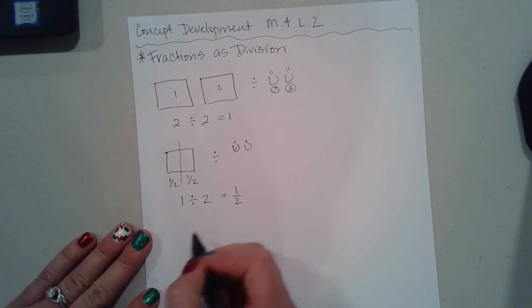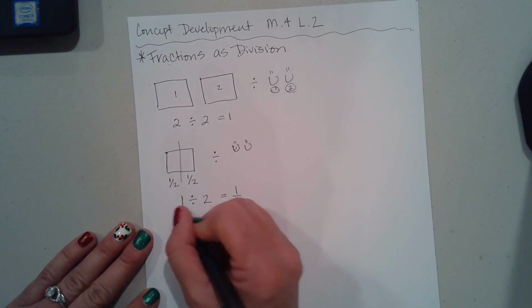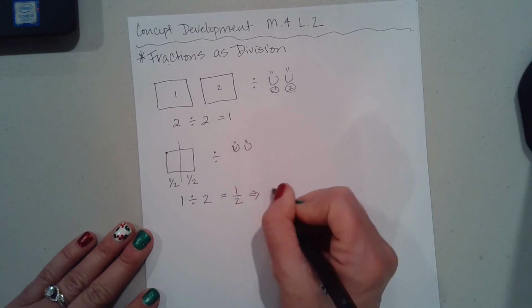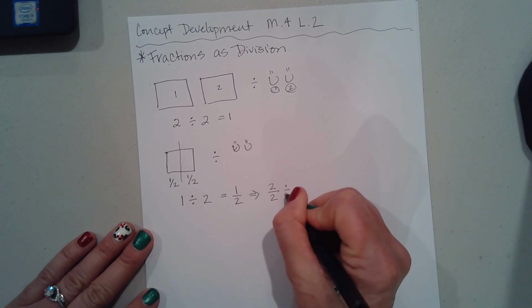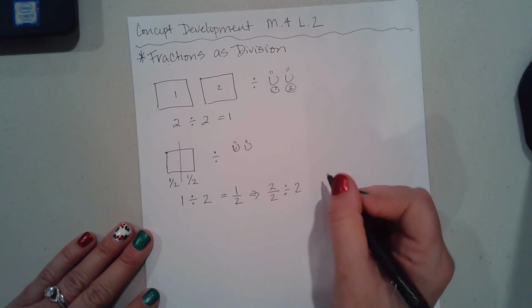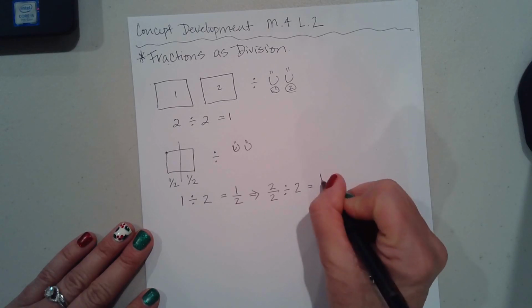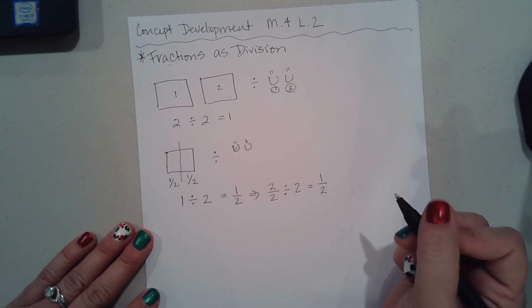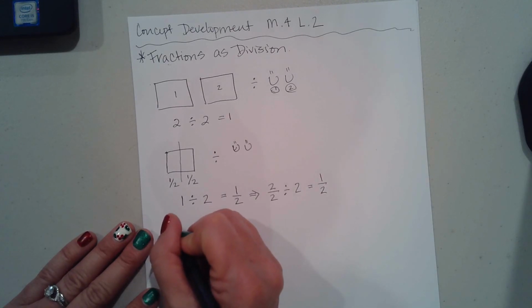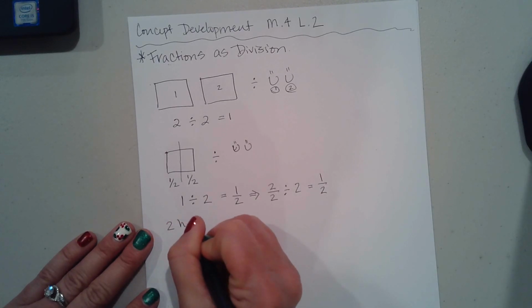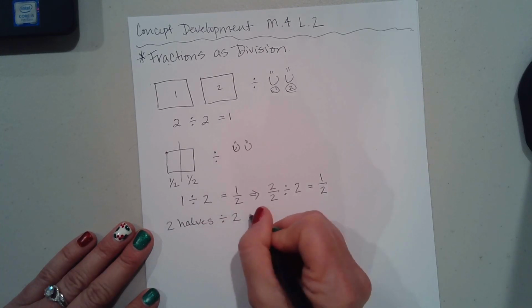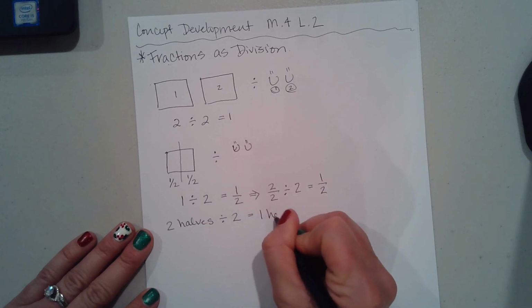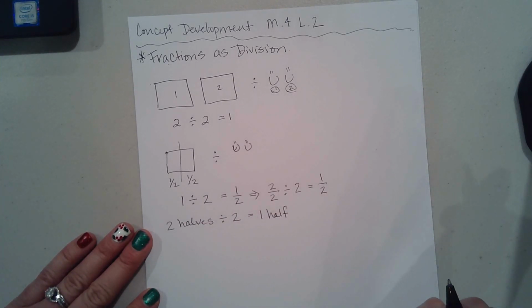All right, now, 1 is the same as 2 over 2, right? 2 over 2 divided by 2 is also 1 half. And if I wrote that in unit form, the unit form would be 2 halves divided by 2 equals 1 half.